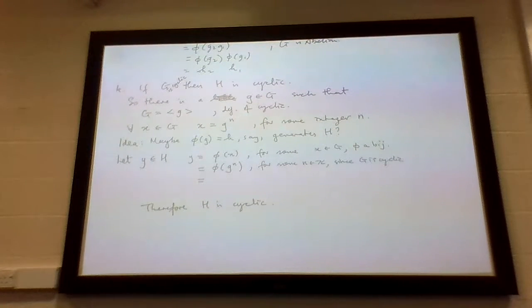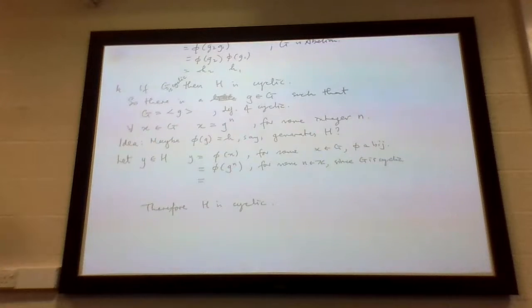Don't go applying phi to y. y is in the codomain of phi. So split it up into n copies of g, or x. It's fine. Phi of g to the n is a series of phi of g's.